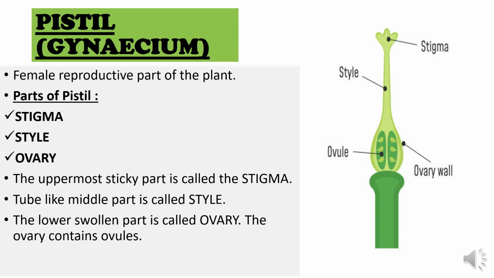Style, as the name itself suggests, is a tube like part which connects the stigma and the ovary. Tube like middle part which connects the stigma and the ovary is called as style. And the lower swollen part is called as the ovary. The ovary contains the ovule, that is the female egg of the plant.